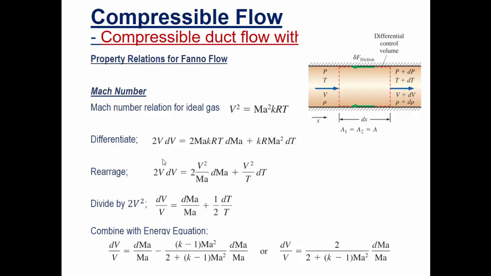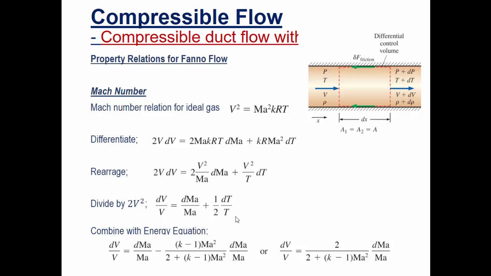And when we divide all the terms in the differential form of the Mach number relation for an ideal gas, we can get another differential form. We divide this relationship by 2 times the square of velocity.